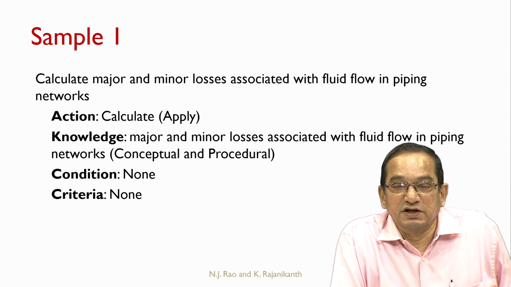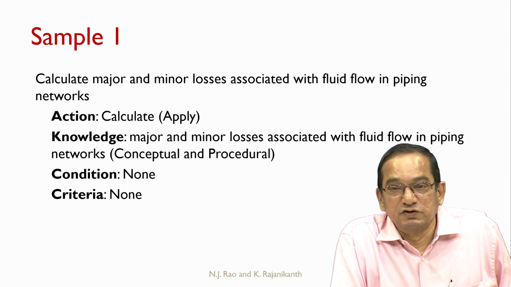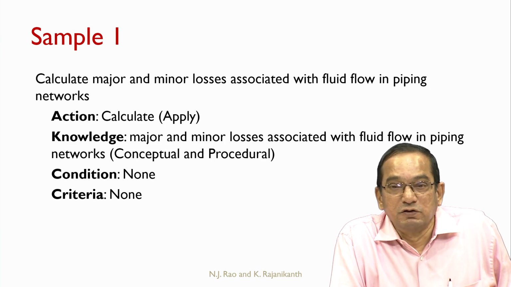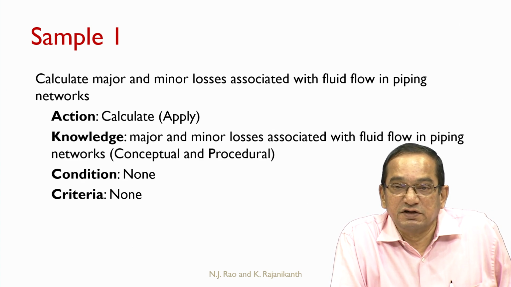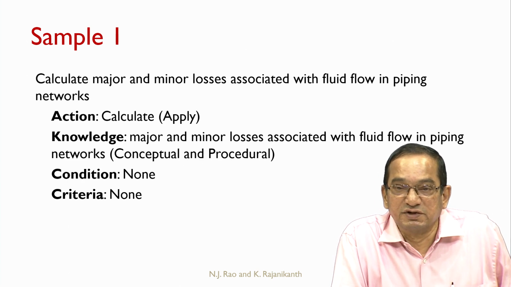The knowledge element involved is major and minor losses associated with fluid flow in piping networks. This would be both conceptual knowledge and procedural knowledge. Note that the knowledge elements need not belong to only a single category. There can be multiple categories of knowledge elements.